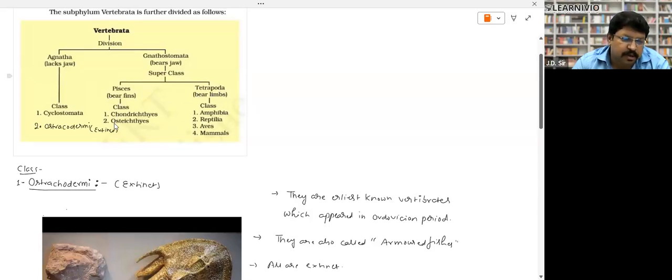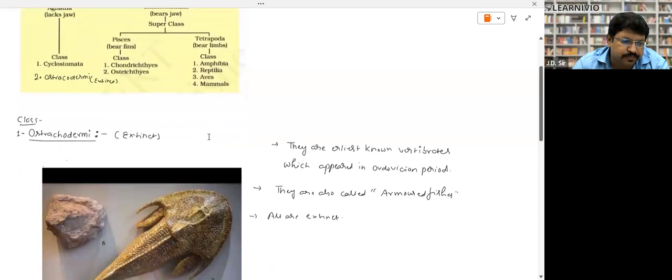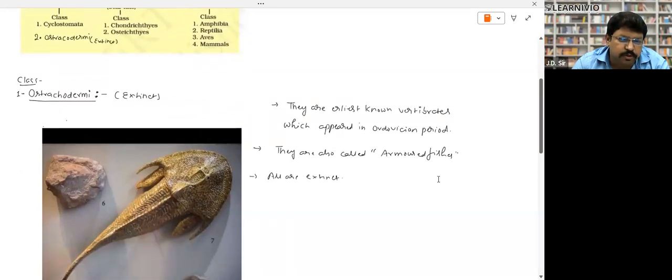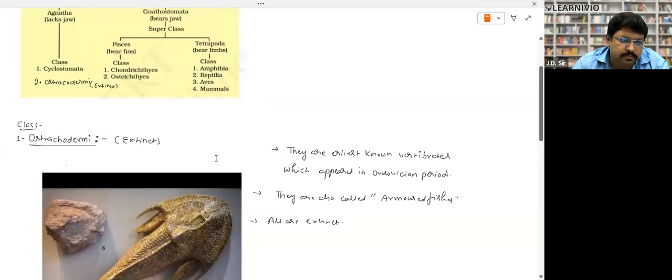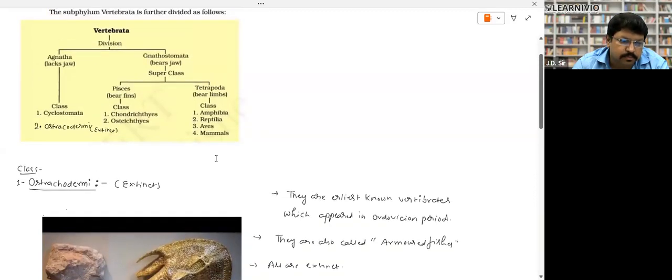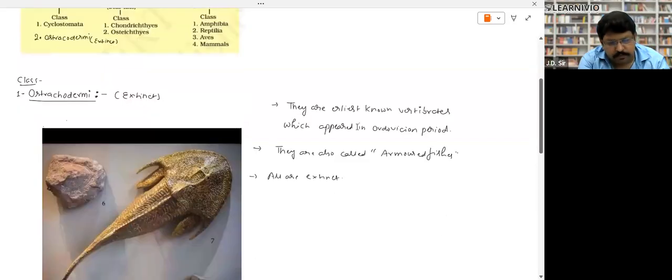Chondrichthyes, Osteichthyes, amphibians, reptiles, aves, and mammals, I have already discussed. Now come to this one, Ostracodermi. Cyclostomata and Ostracodermi. I've already told you that Ostracodermi is that group which is already extinct. They are not found anymore.